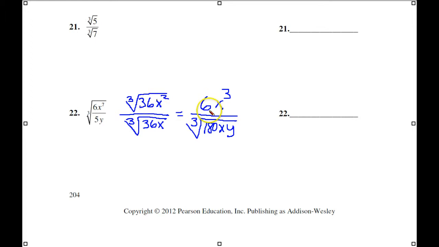X to the 9th, the cube root of it, is x to the 3rd. And then 5 times 36 is 180. And xy.